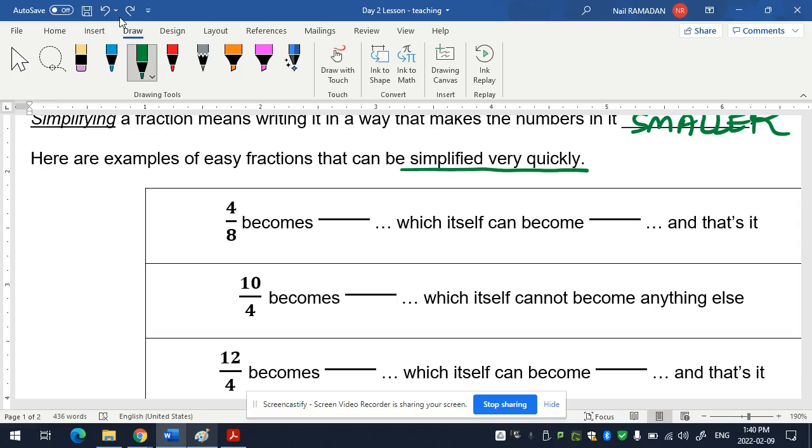Question, everyone. 4 divided by 8. If you have $4 and you want to divide it by 8 people, how much does each person get, if you're able to break it into cents? 50 cents. How much of a dollar is 50 cents?